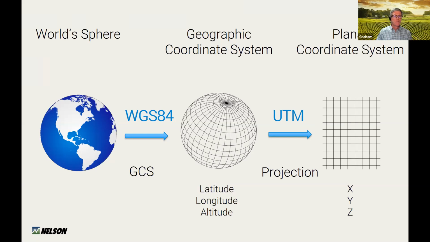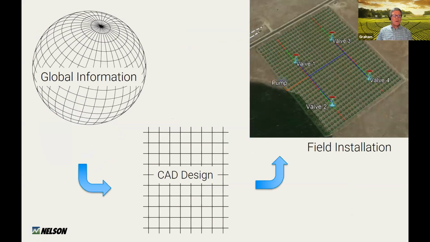So there are options for both mathematically modeling the coordinate system and applying a projection to obtain a grid. These are the ones that IRRICAD uses. What this really means is that we can take global information, import it into IRRICAD, do a design, and then take that information back out to survey equipment to peg it in the field or locate everything in the field, locate the valves and the pipes and the sprinklers.